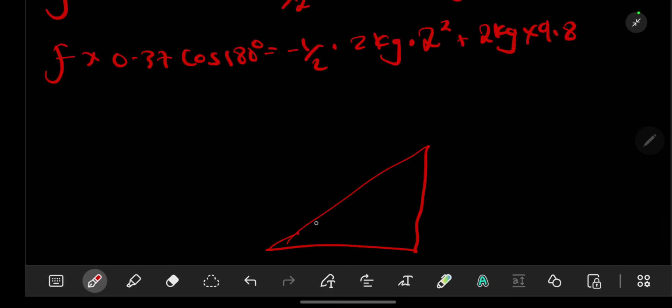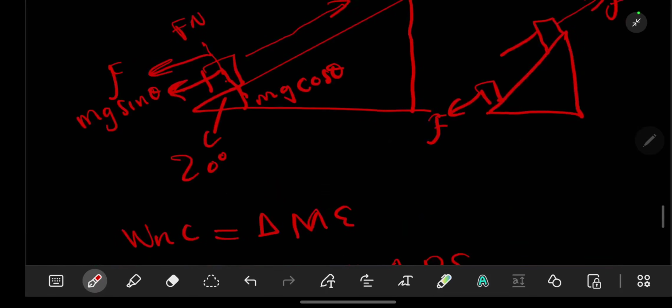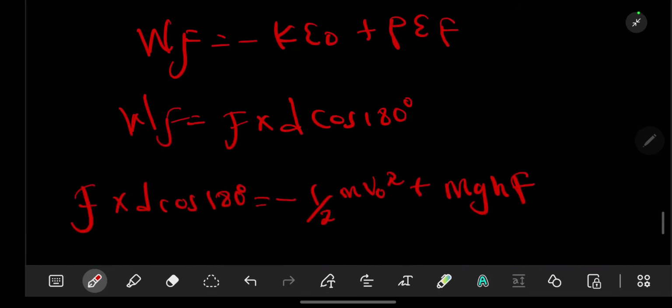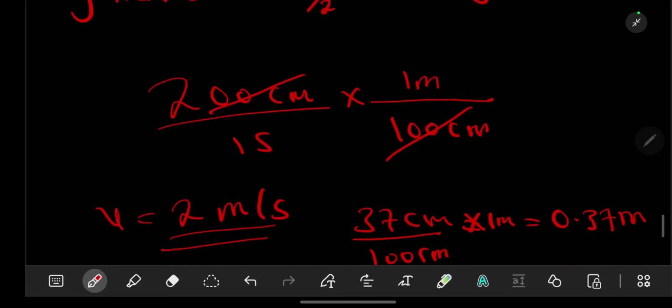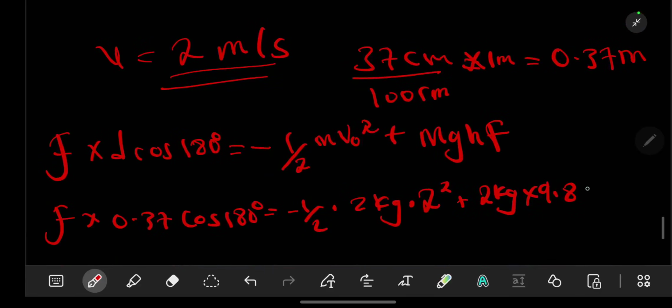As long as you are dealing with the potential energy, you are going to be dealing with the sine of the angle. So in this case, the angle is what? It's 20, not 30. So you are going to say times the height, which will be the distance.